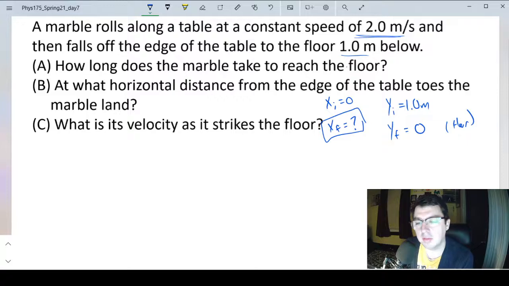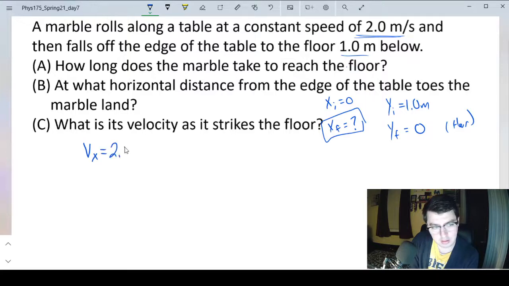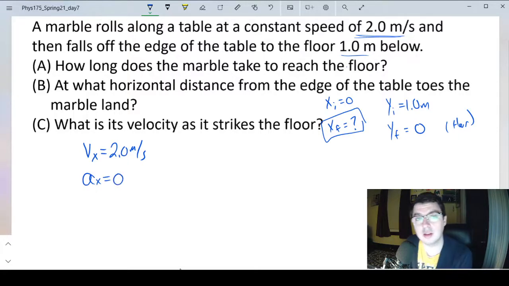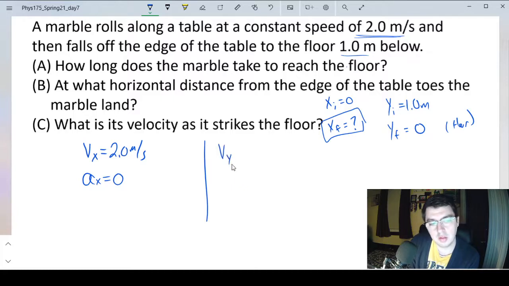Then if we think about the velocities, I'm going to move my list over here. The velocity in the x direction is 2 meters per second. There is no acceleration in the x direction, so as a reminder, I'll state that it's 0. In the y direction, we know that the initial velocity in the y direction is 0, right?